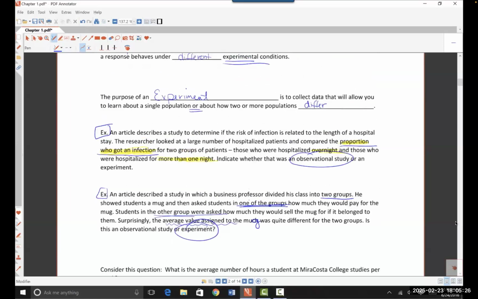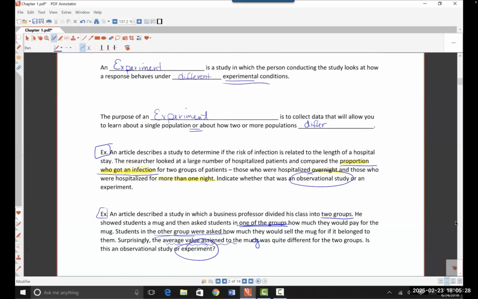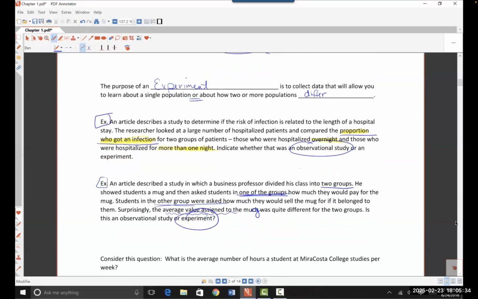He is right here collecting data that will allow him to learn about how two populations differ.